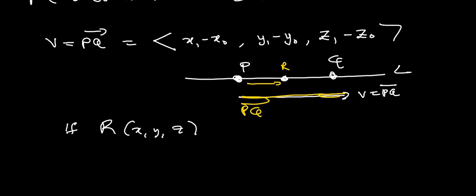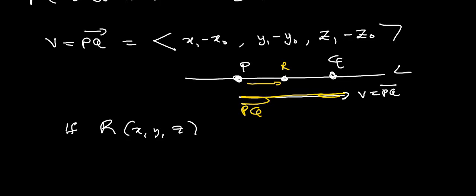It's still going to be parallel to PQ, meaning they can be related by some element T. We are going to make up an equation from the origin.